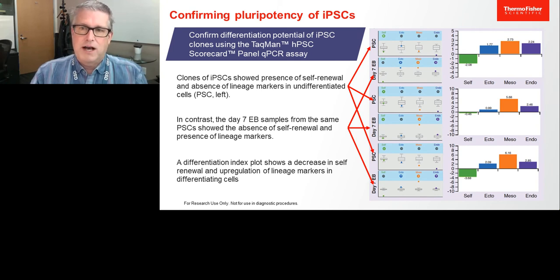This is also shown here on the graphs on the right-hand side, where the self-renewal gene expressions are at low levels, but as a result of the differentiation, you get some ectodermal, mesodermal, and endodermal pathways enriched. So the index plot shows that the self-renewal decreases and the lineage markers increase in expression once you start the differentiation process.